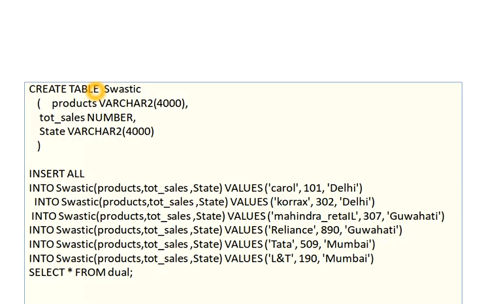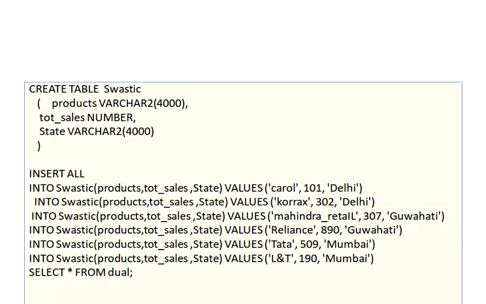For that, I have created a table swastik with the attributes product, that is a VARCHAR2 of size 4000, tot_sales, that is a number, and state, a VARCHAR2. So product, tot_sales, and state are the three attributes of this table swastik.